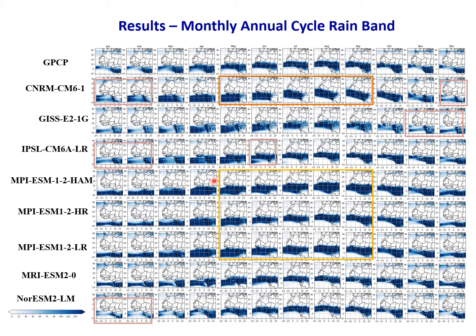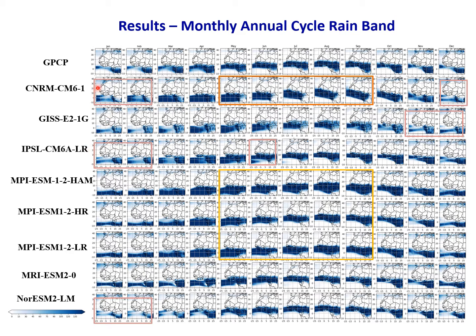However, the MPI model simulations are showing stronger and then wider rain bands in the summer months, and then also the CNRM model is simulating stronger rain bands over the oceans and then barely no rain bands on the continent for the summer season months.